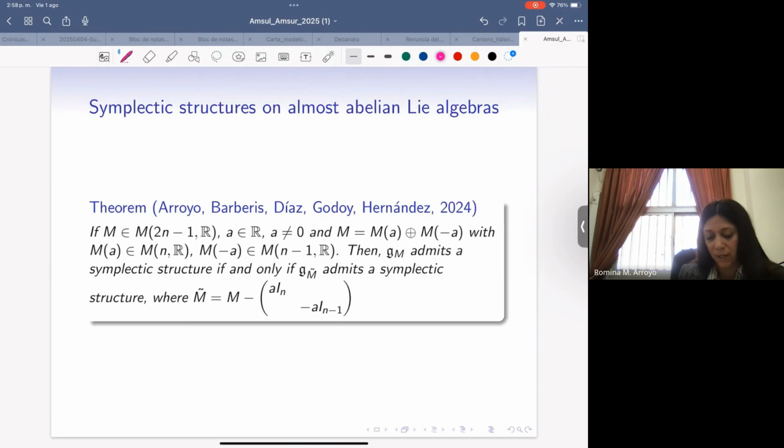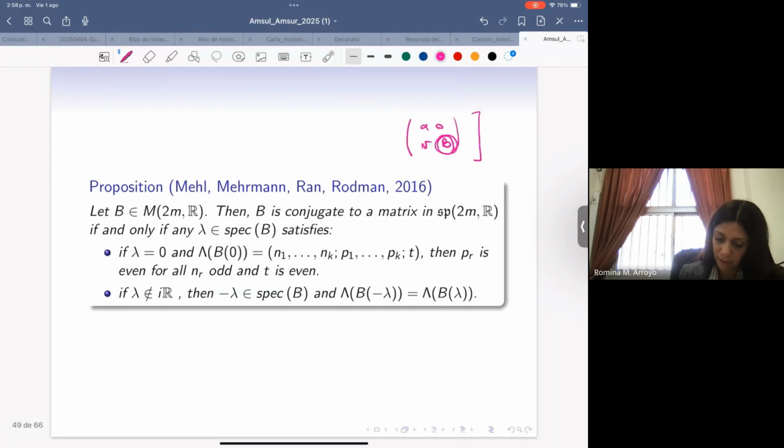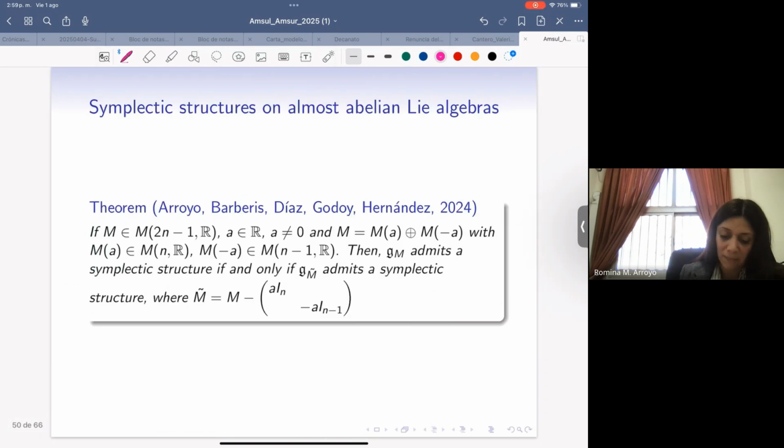First we analyze this case, because if you look here, if lambda is an eigenvalue, in these cases minus lambda is going to be an eigenvalue. So here, basically, we are analyzing what happens when we have only matrices with the eigenvalues a and minus a.